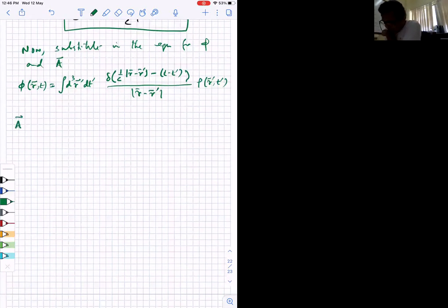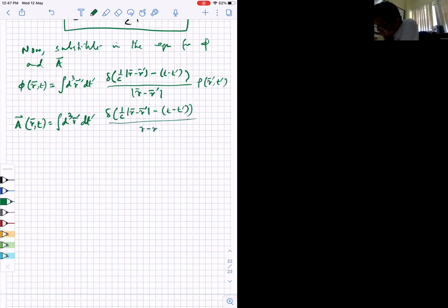And similarly for A it is exactly the same, with 1 by c, j of r prime, t prime.